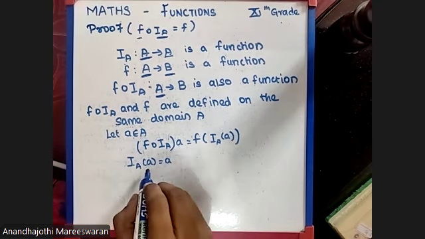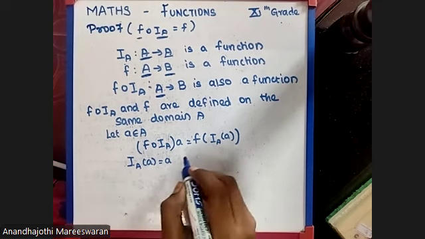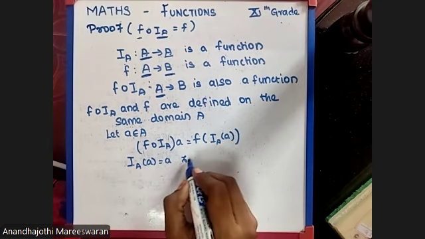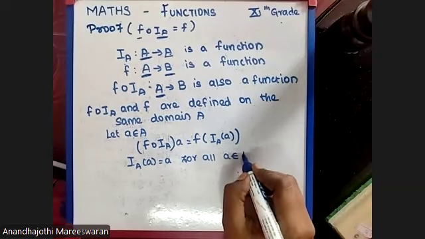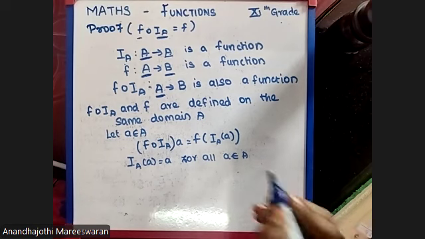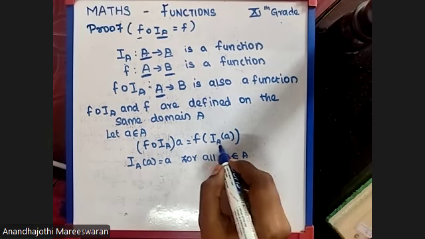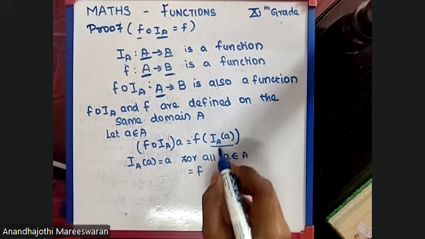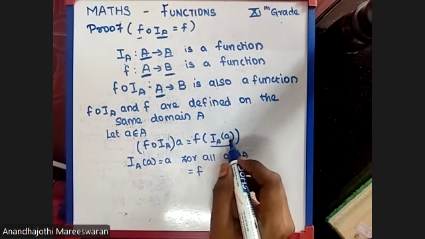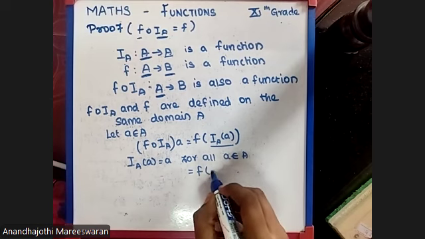So IA of a is equal to a for all a belonging to A, right? So we can substitute a for IA of a, and the term is equal to F of a.